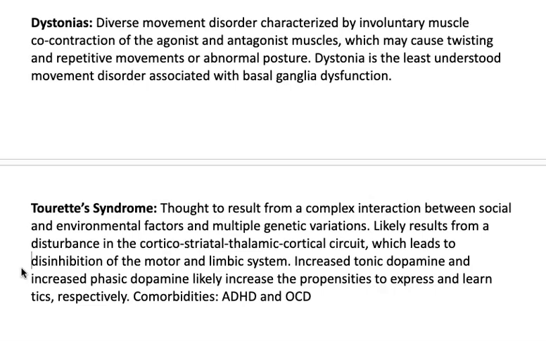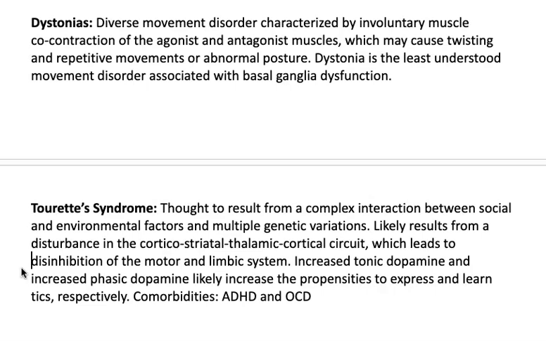And one thing that is theorized is that it's increased dopamine at different times. So either dopamine tonic, which means more regular, and phasic, which means increases in phases and then goes down. And in that individual's ability to express and learn tics.